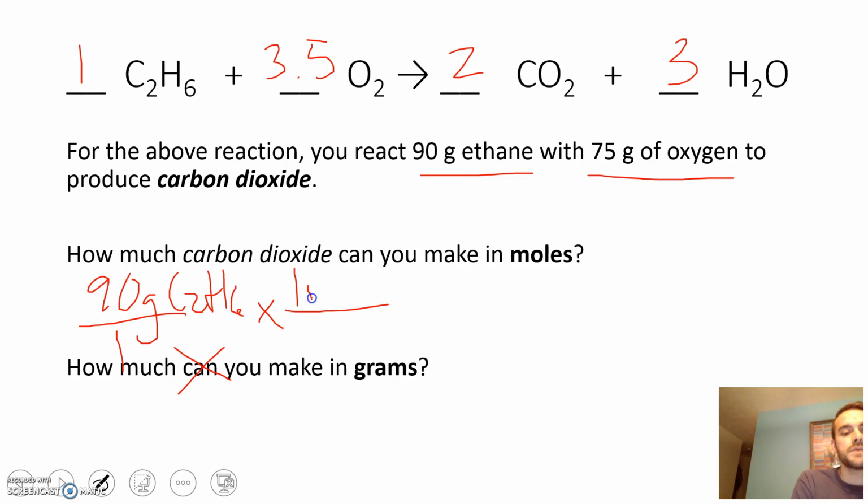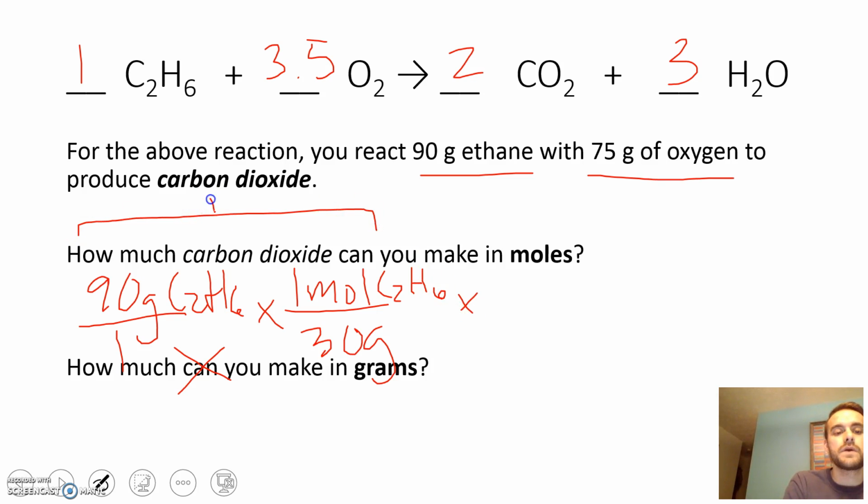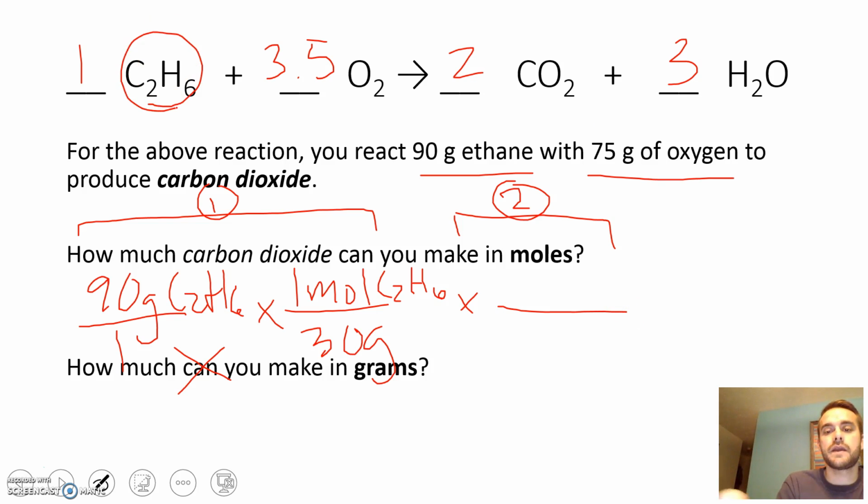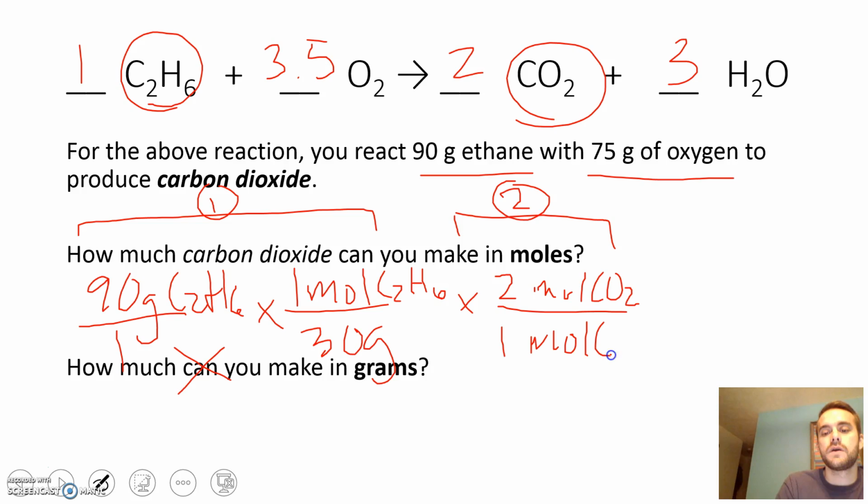I'm going to convert that to moles. In order to do that, you're going to divide by 30 grams. That will give me moles of C2H6. And I'm going to show this one as 2 steps, okay? So all in one, here's the first step, and the next step will be here where you use the ratio. The ratio between this guy and CO2 is 2 mole of CO2 for every 1 mole of C2H6.